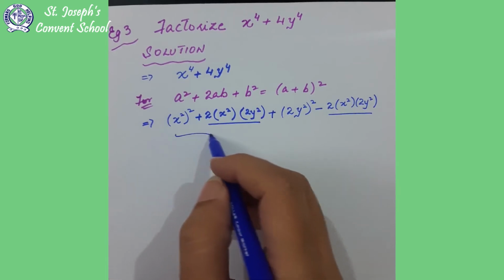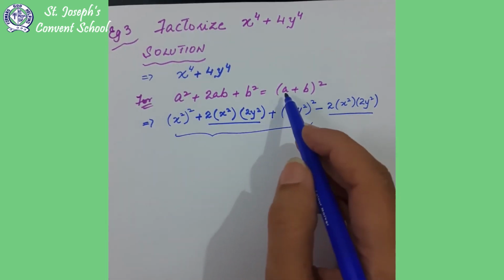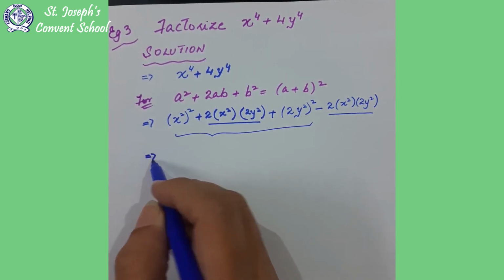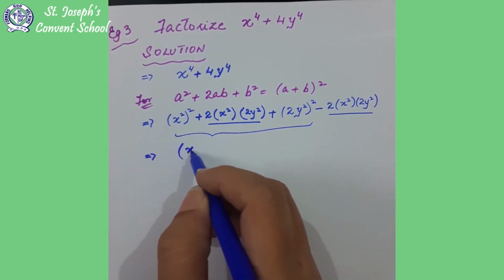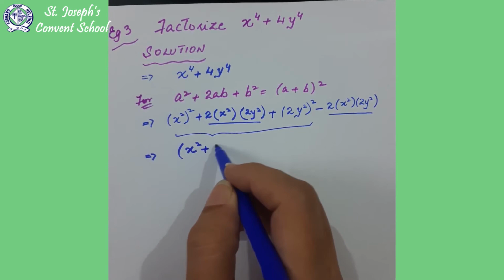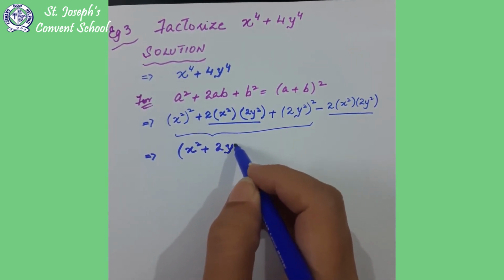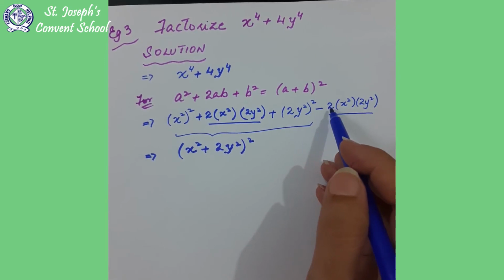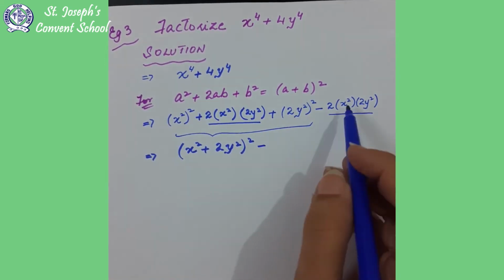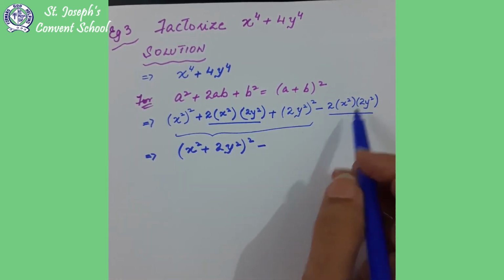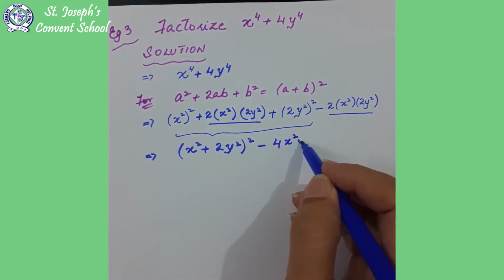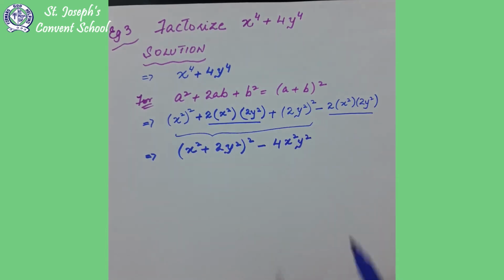Now this whole thing equals a plus b the whole square. So we will change this into a plus b the whole square, and this term you will multiply: minus 2 into 2, 4 x square y square, minus 4 x square y square.